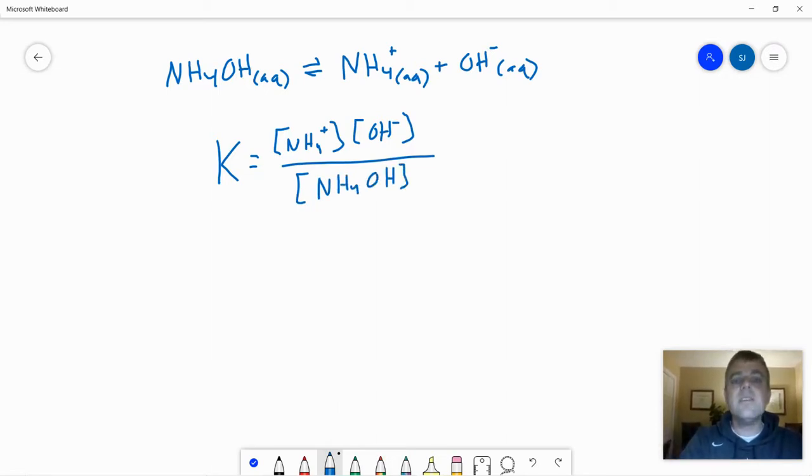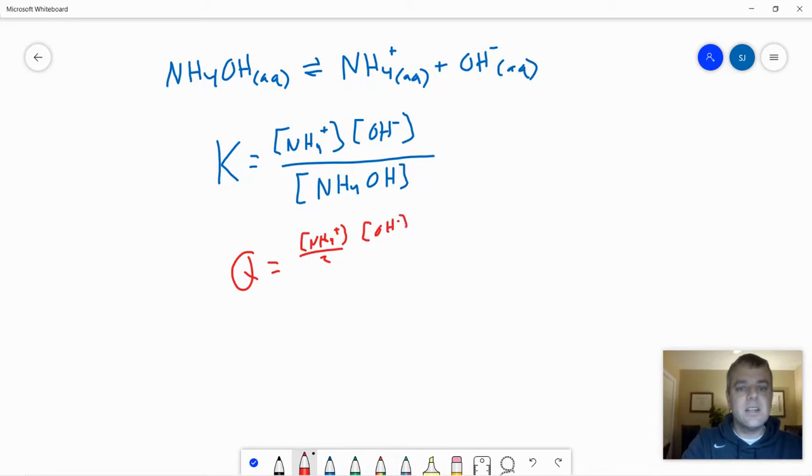Now, if we were to have this system at equilibrium and then we added enough water to double the volume of the container, Q will now equal the concentration of NH4 plus divided by 2 times the concentration of hydroxide divided by 2, divided by the concentration of NH4OH over 2.